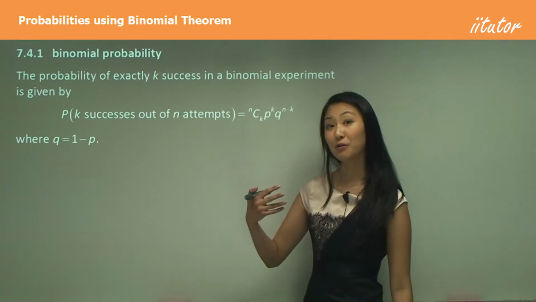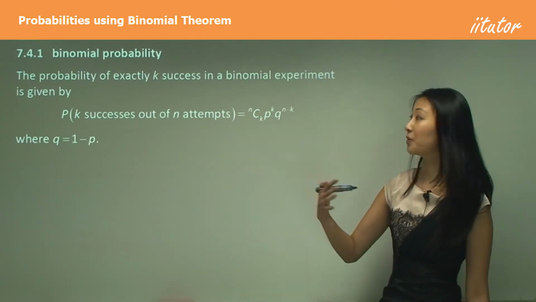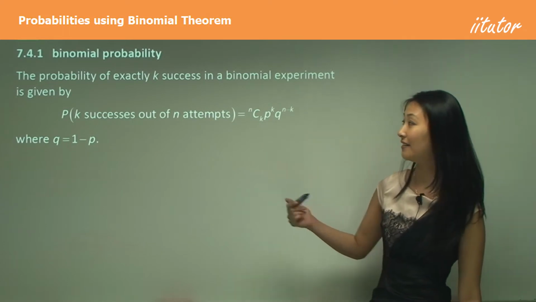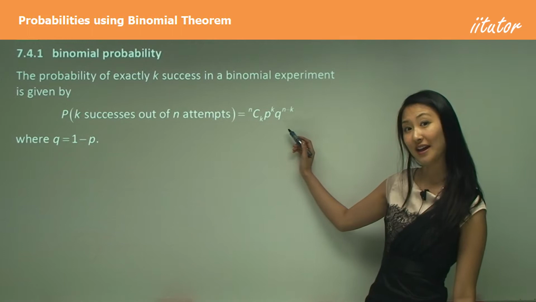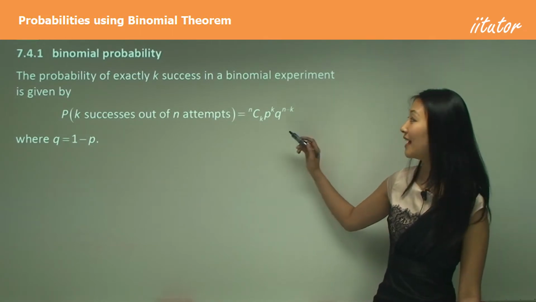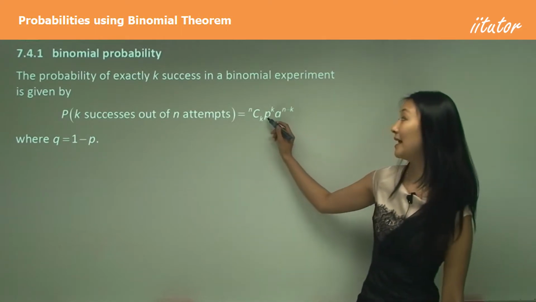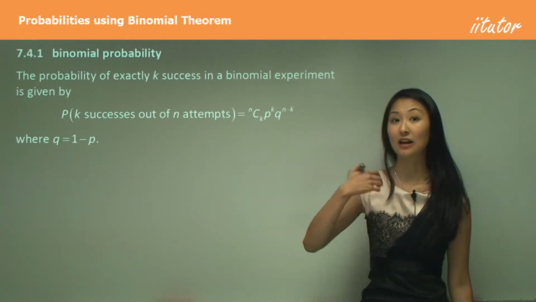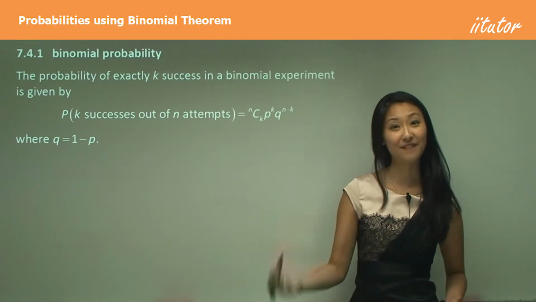So the probability of exactly k successes in a binomial question is going to be given by your binomial general term, as you can see here, except that k just represents successes, and that p is going to represent your probability of successes, and q will represent your probability of failure.